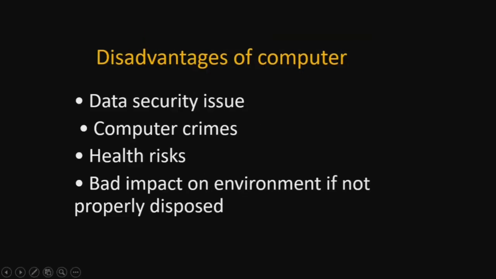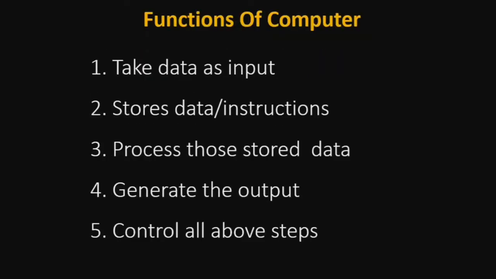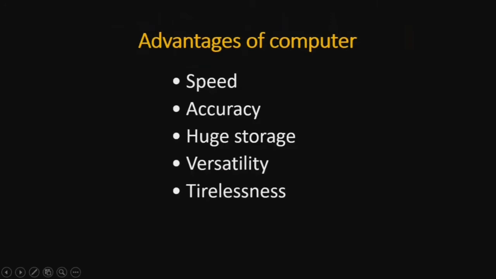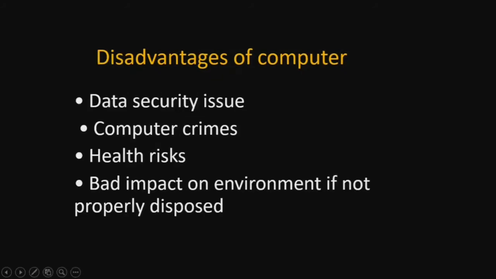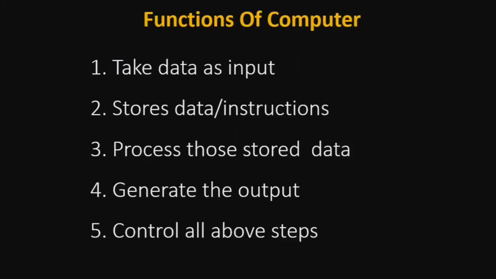If I give 10, 20, 30, you will not be able to identify what that 10, 20 and 30 mean. If I write 10 kg, 20 kg, it will be clear that it is the weight of something. If I clearly give the title, then it would be okay. So that is the difference between data and information. Okay, is it clear? Then next one.